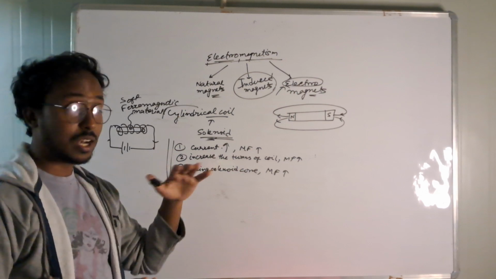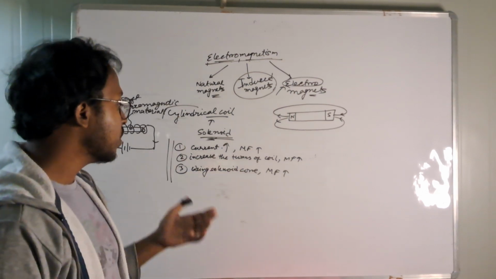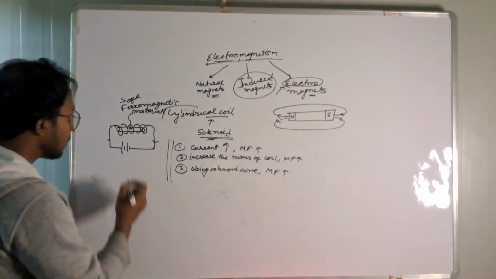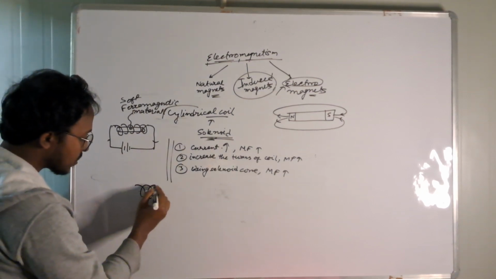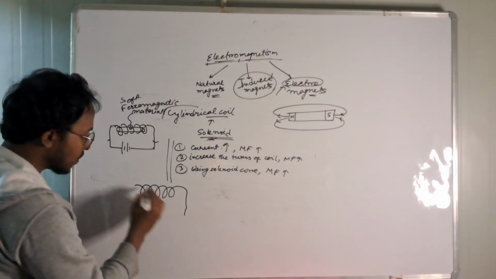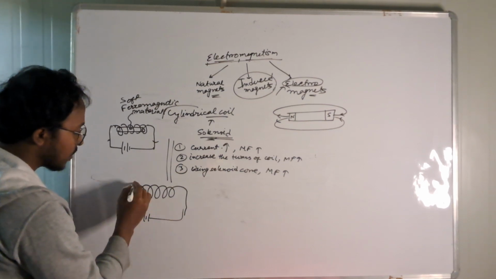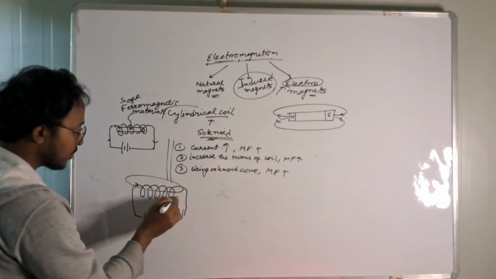Now I'm just discussing the last concept, why the solenoid's magnetic field increases if I use a solenoid core. Because this solenoid is itself creating a magnetic field. You have already seen it, right?